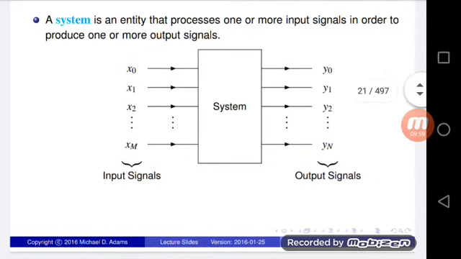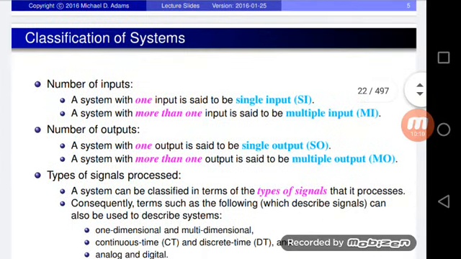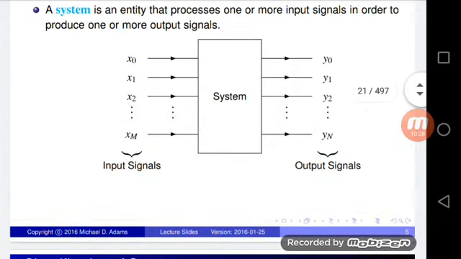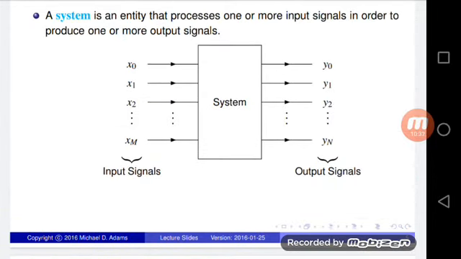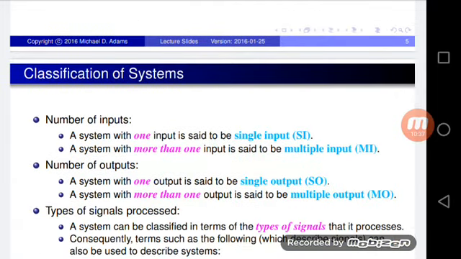When I apply multiple inputs, more than one input, it is said to be MI, multiple input. On the output side, when I get only a single output, it is called SO, single output.